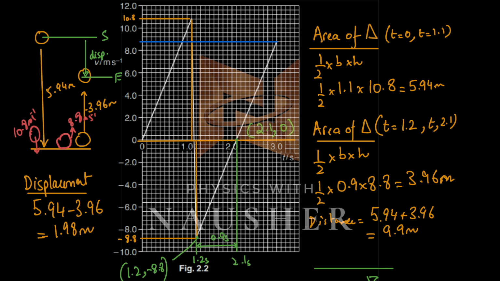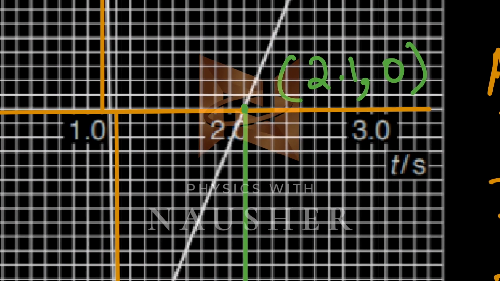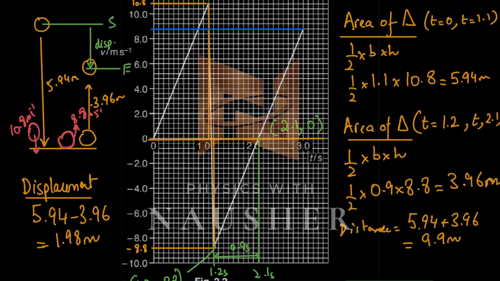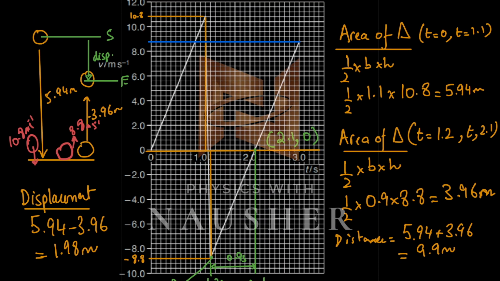When did that journey end? Let me zoom in. Here you go. This point is 2 and this point is 2.1. So you reached your highest point at 2.1 seconds. So if I show you in this picture over here, when you reach this point, 2.1 seconds is the time. And when you left the ground, it was 1.2 seconds.